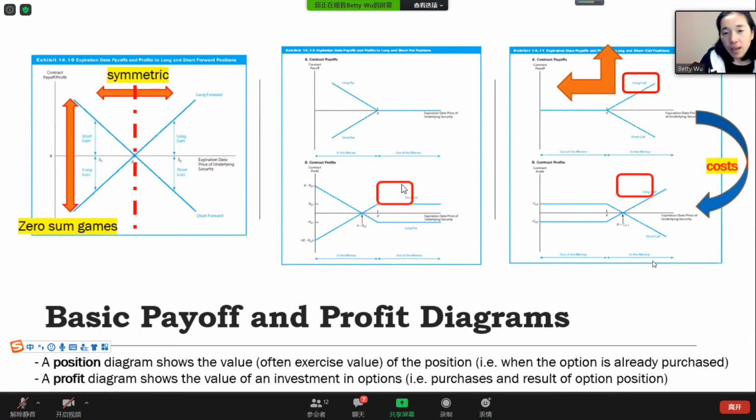What I'm trying to say is that for both long call and short put, both anticipate that the price would go up, or at least wouldn't go down. If it goes down, they are worse off.